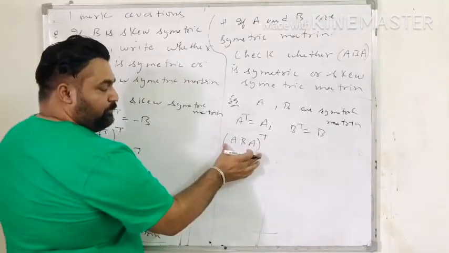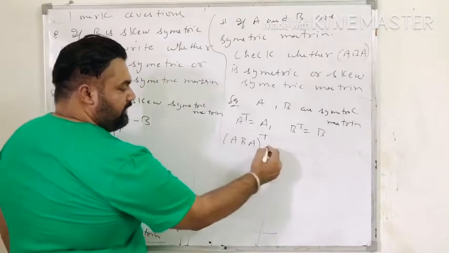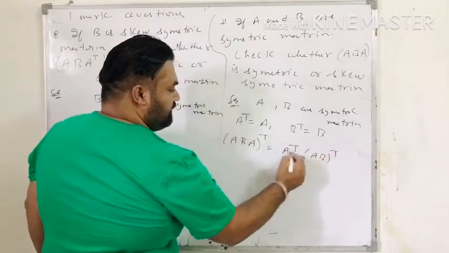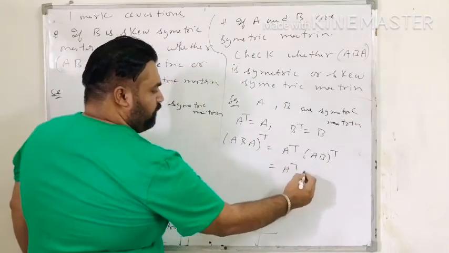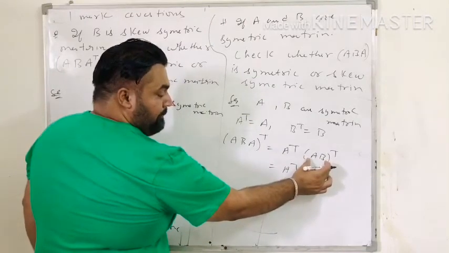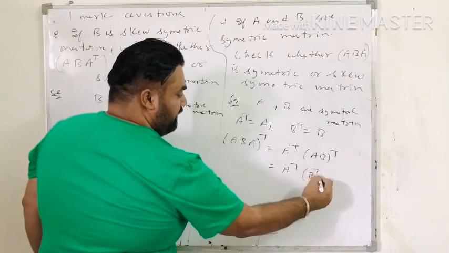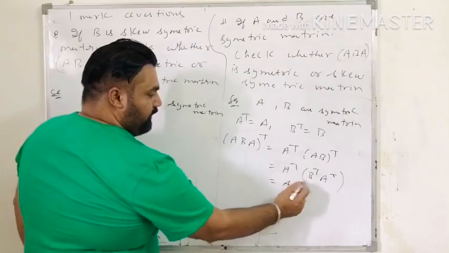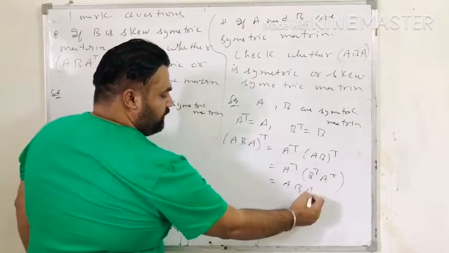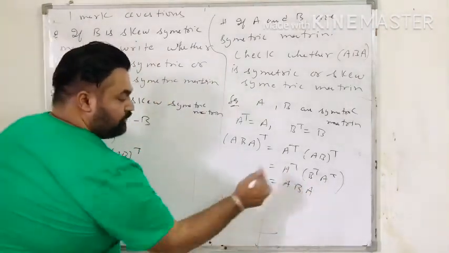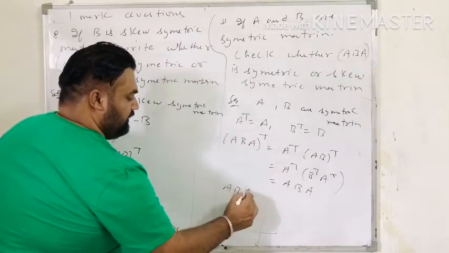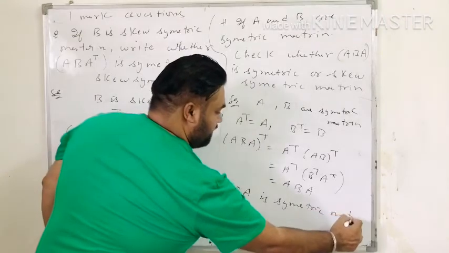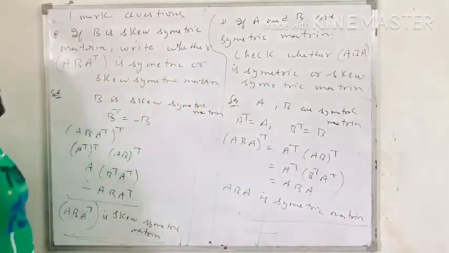So we find the transpose of ABA. This becomes A transpose into AB transpose. Now what is the formula of AB transpose? B transpose A transpose. Now A transpose equals A, B transpose equals B. So the sign is positive. So ABA is symmetric matrix.